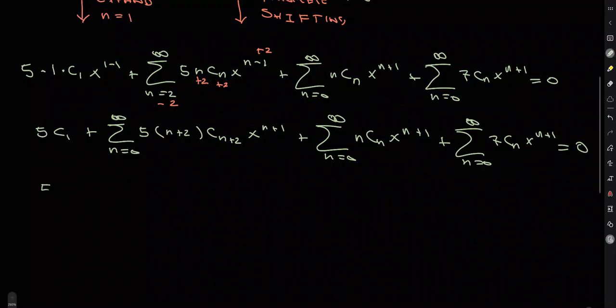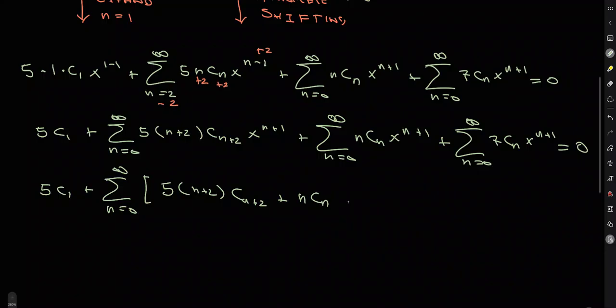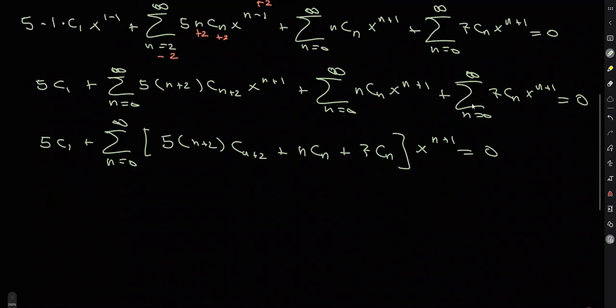So this will be 5c1, plus, I'm going to factor the sigma symbol on the left, from bracket, 5 times n plus 2, c sub n plus 2, plus n c sub n, plus 7 c sub n. And I'm going to factor the x to the n plus 1 on the right. And at this point, we're ready to equate coefficients, write our recurrence relation, and all of that.